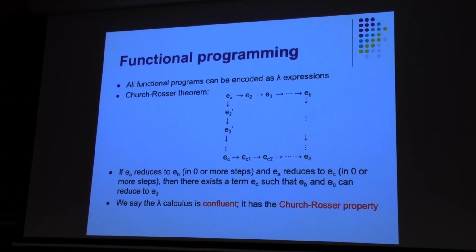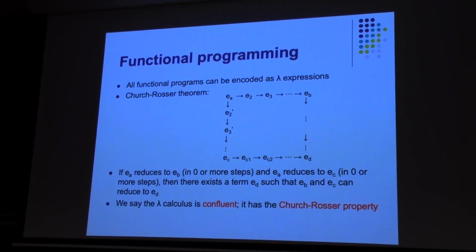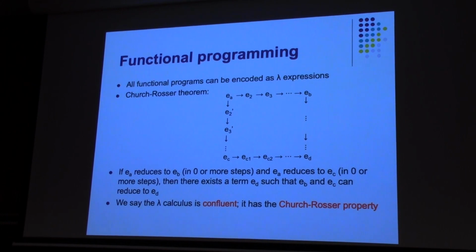This is the main theoretical result for lambda calculus. This is the reason why functional programming is the core. Why is this theorem true, actually? That's a really good question. And there's lots of answers to that, but I won't go into that.